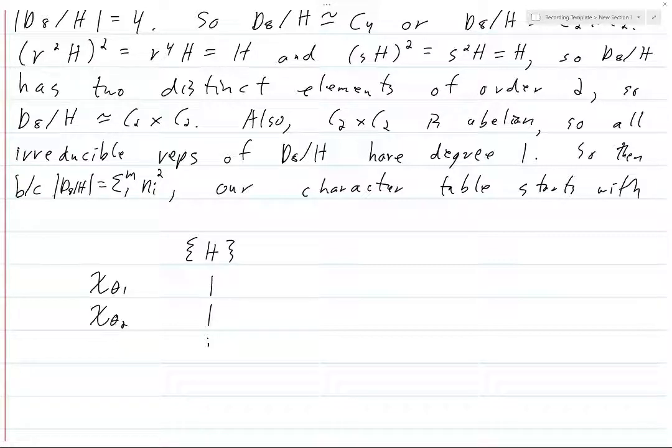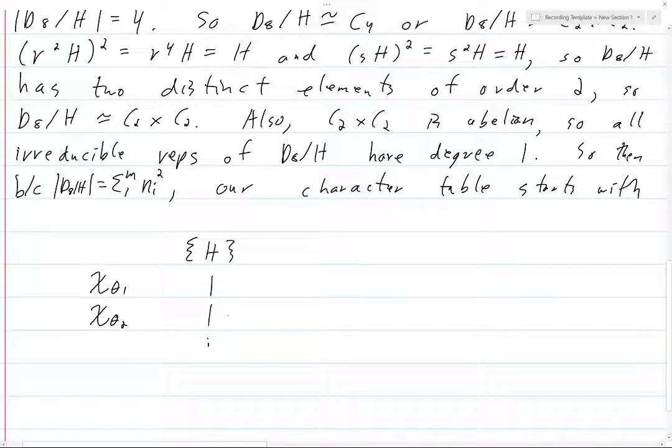And we also know that because all the irreducible representations have degree 1, each Ni is equal to 1. And so we need to find this m such that all of these Ni squareds sum up to 4. So you add up 1 to itself a bunch of times and you get 4.